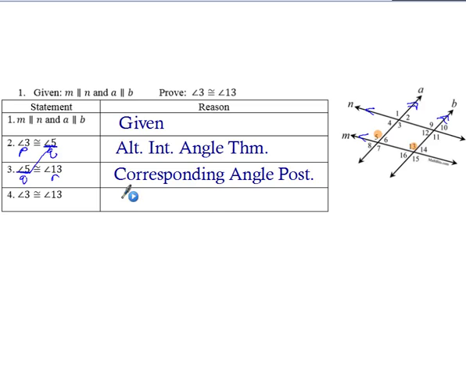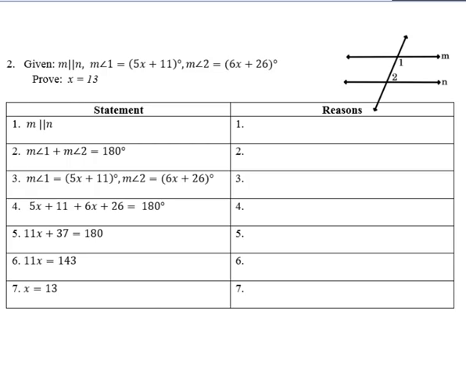We're going to call this the transitive property, or if you wanted to think of it as a substitution. So if 3 is congruent to 5, and 5 is congruent to 13, therefore 3 is congruent to 13. That's the transitive property. Or if you want to view it as, hey, 3 is congruent to 5, and there's a 5 right here, I can substitute the 3 in for 5. So either one of those is appropriate.